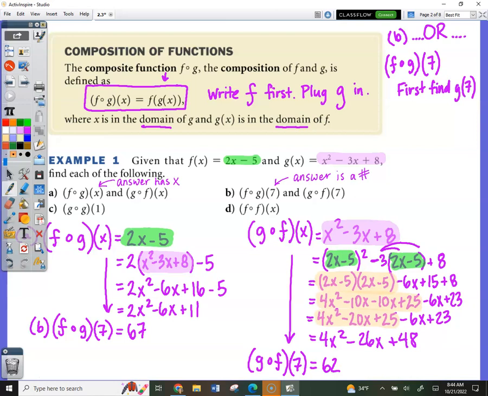You would plug 7 in. And if you do that, you get 36. g of 7 is 36. I really wish I had more room right here. Equals 36. Then you take 36 and now you're going to plug it in to f. And if you do that, you should get 67. Oh, yeah. I think you're good.